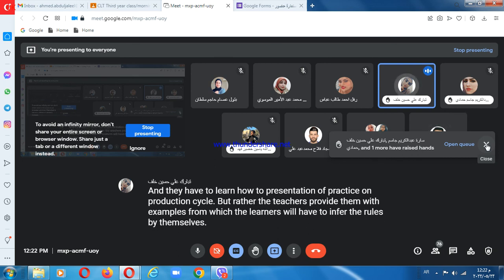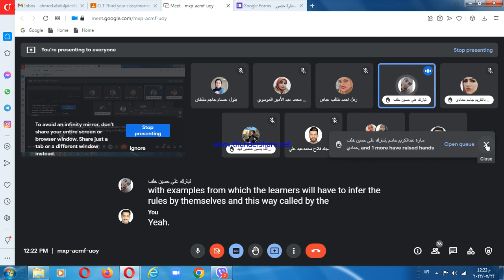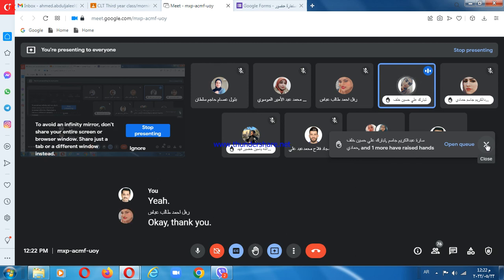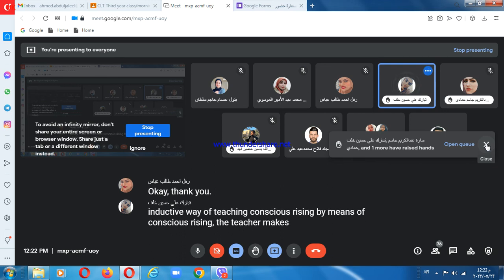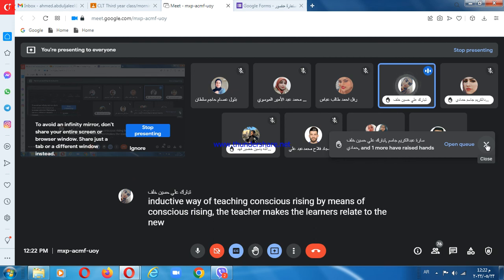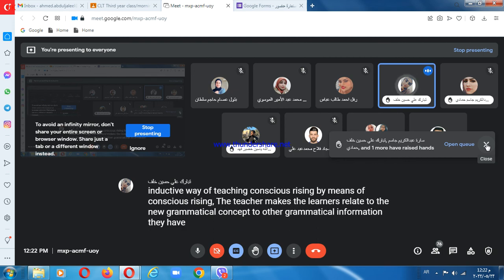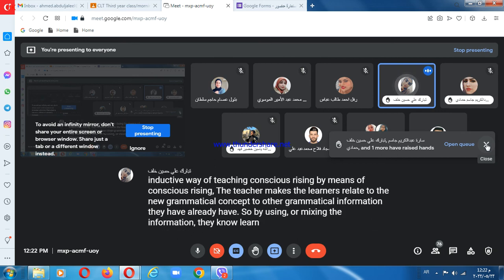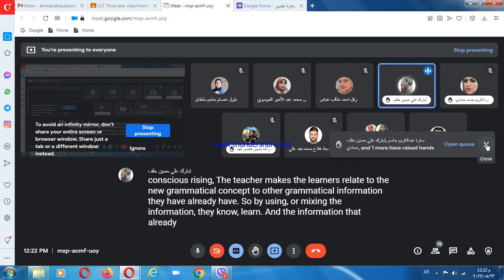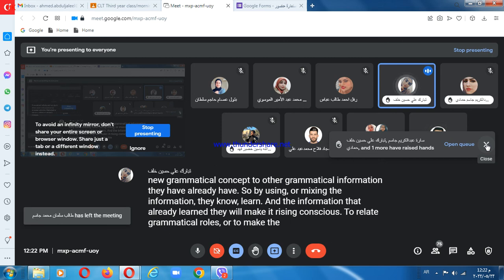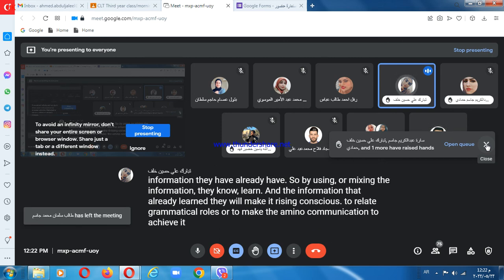This is an inductive way of teaching, consciousness raising. By means of consciousness raising, the teacher makes the learners relate the new grammatical concept to other grammatical information they already have. By mixing the information they now learn with what they already learned, they will raise their consciousness to relate grammatical rules and make them a means of communication.